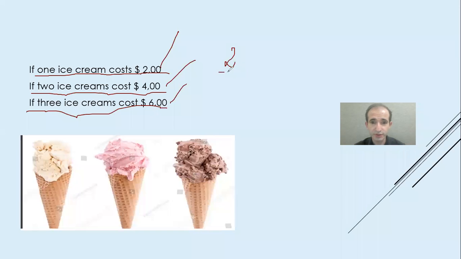What kind of tests? You need to do some divisions between the quantities and the prices. For example, one ice cream, you are going to pay $2. Two ice creams, you are going to pay $4.